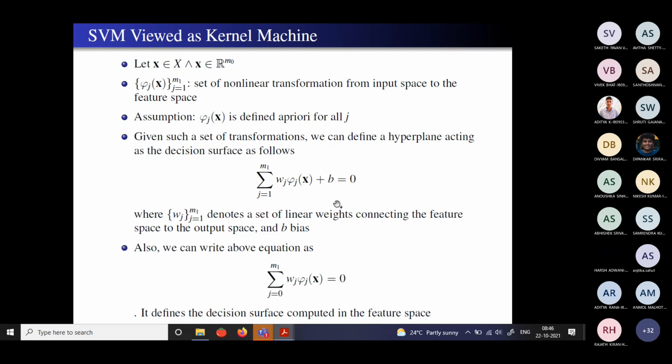Here W0, we know that when bias is applied, the weight W0 is as good as bias, and the input is clamped at 1. So this is what it does. Also, it defines our decision surface computed in the feature space.